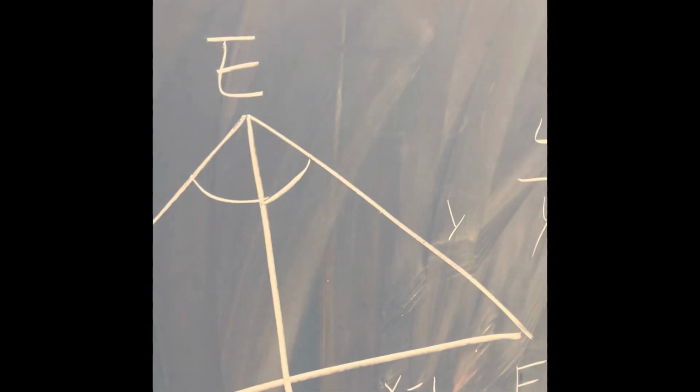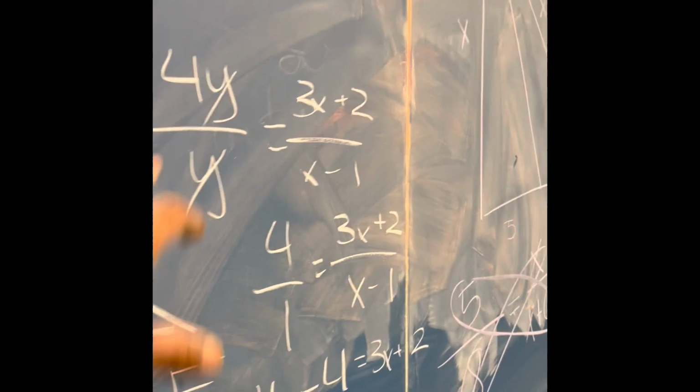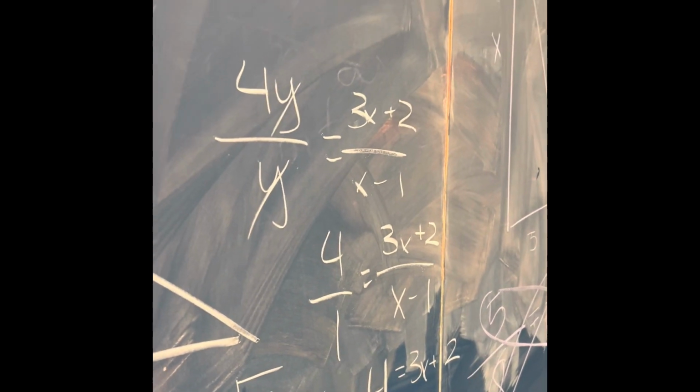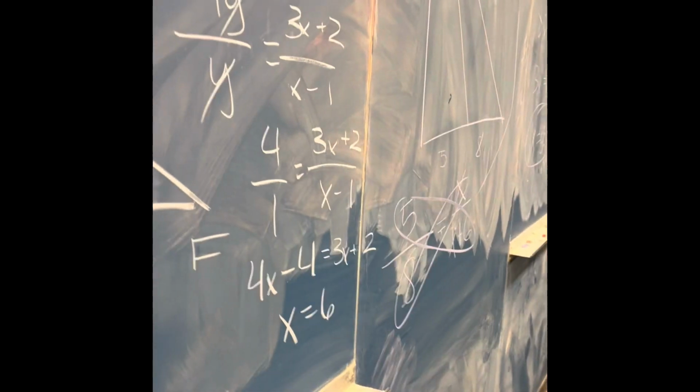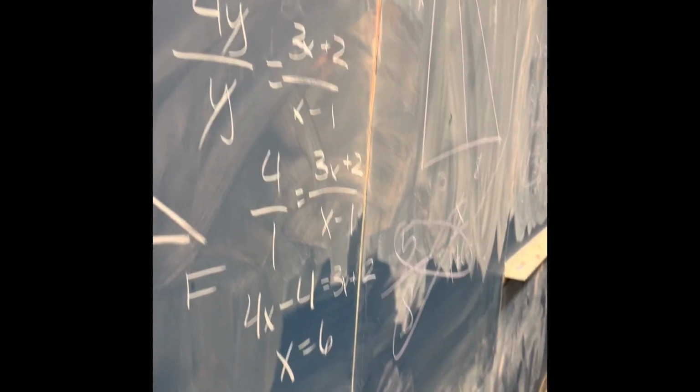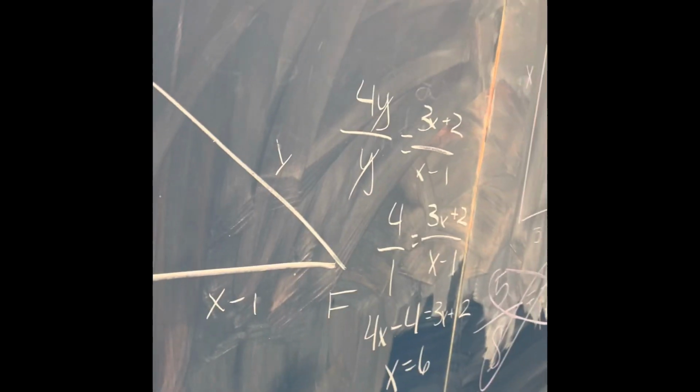So what Jaden has done, he has taken this one. You know that this side should be in the numerator, and with x minus 1, the adjacent side is this, which was given as 4EF. She has taken this one as y and 4y, right?